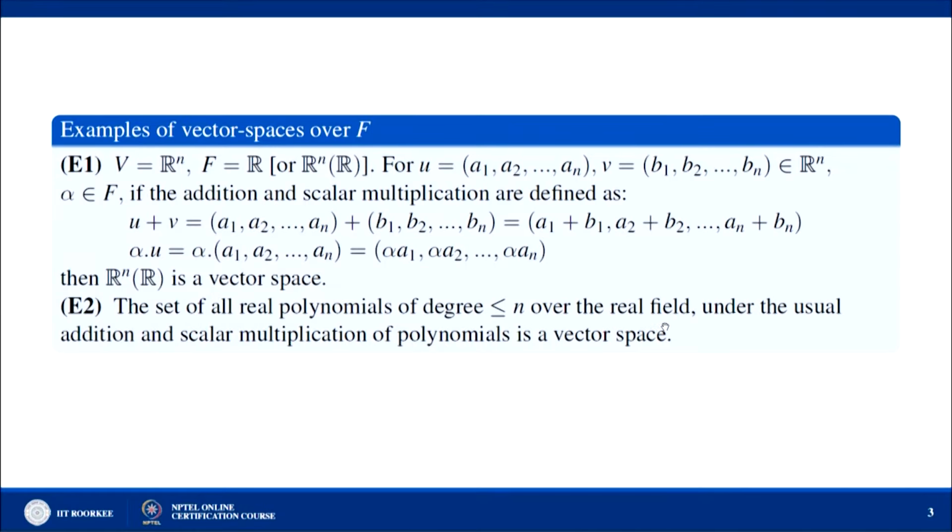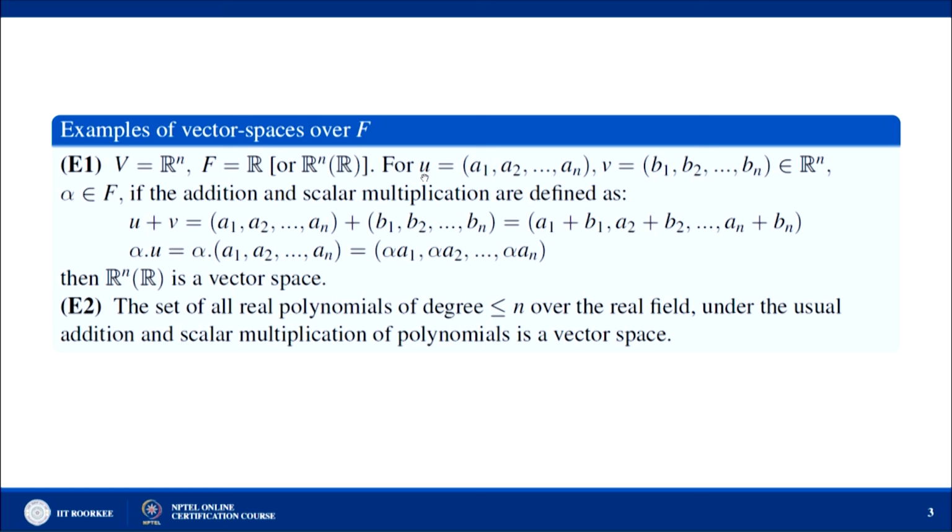The first example we have discussed. Say we have Rn instead of R2. If we have Rn over the field R, how are addition and scalar multiplication defined?